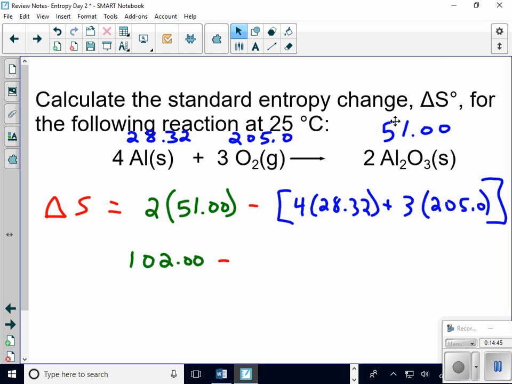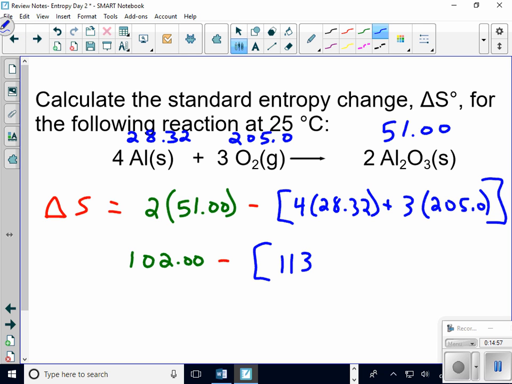minus 28.32 times 4 gives me 113.28, plus 205 times 3 gives me 615.